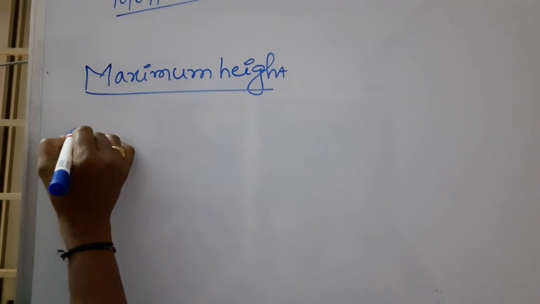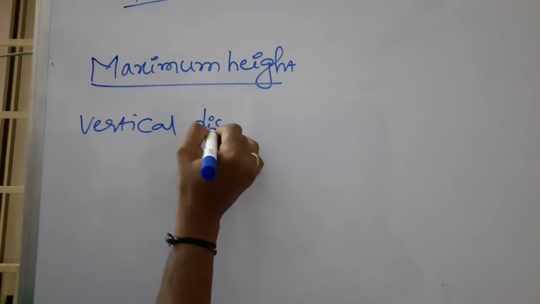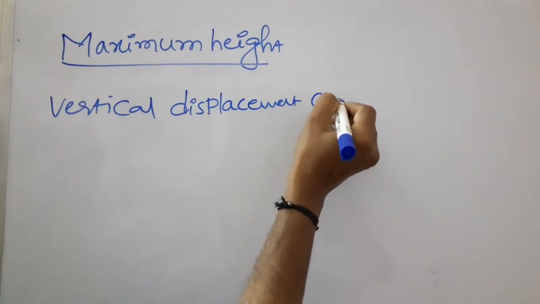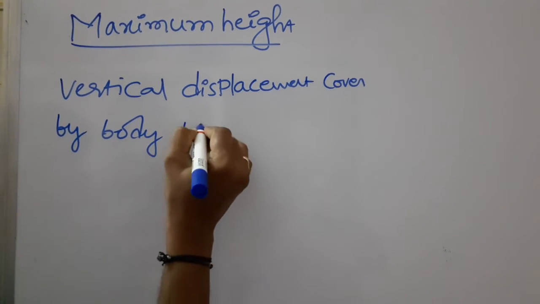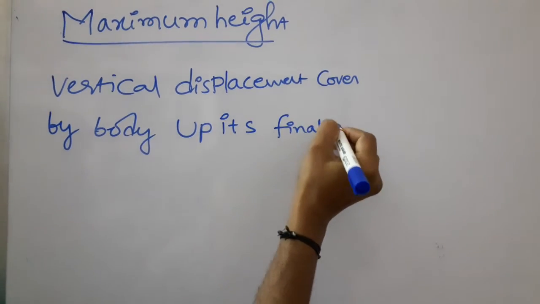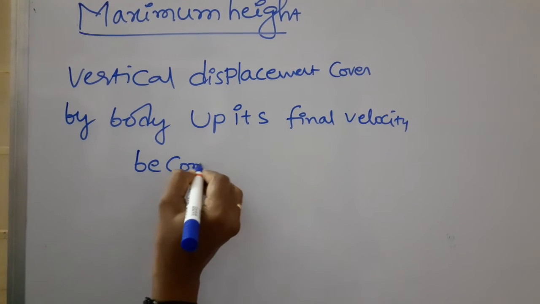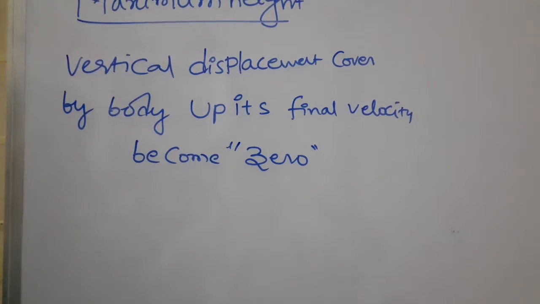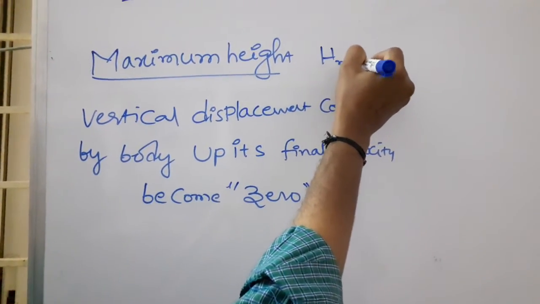Maximum height is nothing but the vertical displacement covered by the body until its final velocity becomes, what is it? 0. That is called, what is it? Maximum height. That is H max.